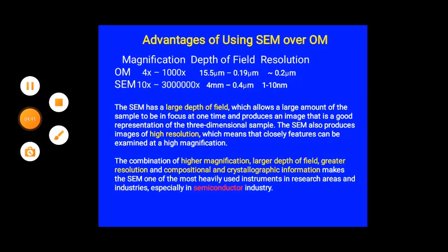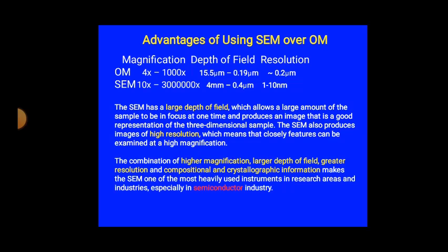Next part is the advantages of SEM over the optical microscope. First of all, the magnification of an optical microscope is 4x to 1000x, and for a scanning electron microscope it is 10x to 3 lakh x.